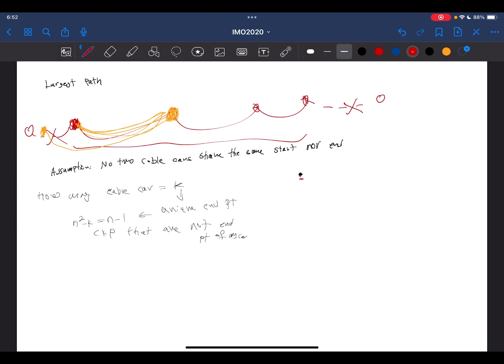Because I'm saying that these n minus 1 checkpoints are not endpoints of any A car, that doesn't mean I can connect this one, for example, with some other checkpoints using A cars. That basically means this checkpoint is not the endpoint of any A car.